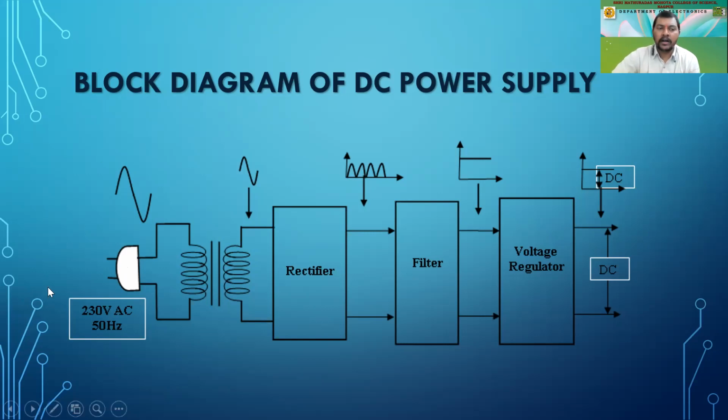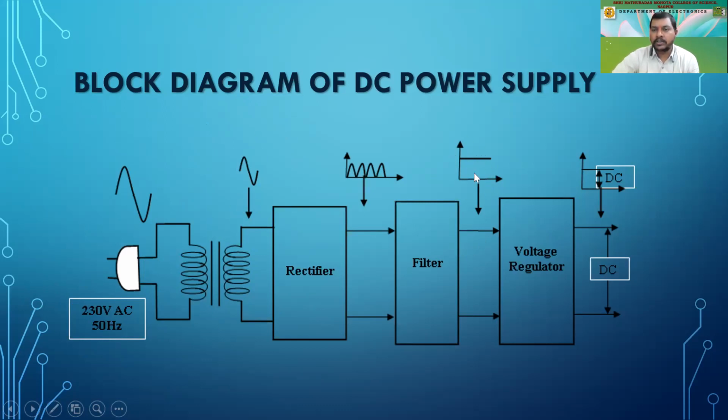Because of this change in the AC voltage, there is a change in the output voltage also. If we are expecting 12 volt here and the input voltage increases to say 260 volt, the output voltage will also increase to say 13 or 14 volt AC. So this fluctuation affects here.